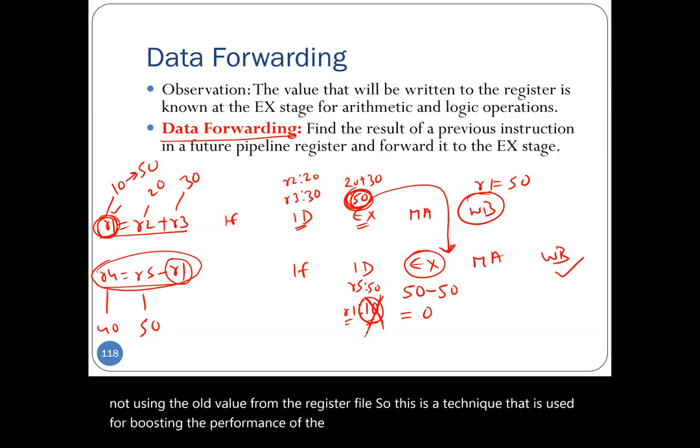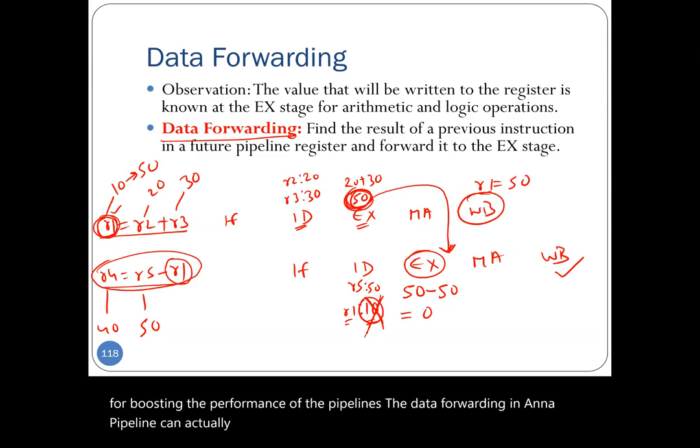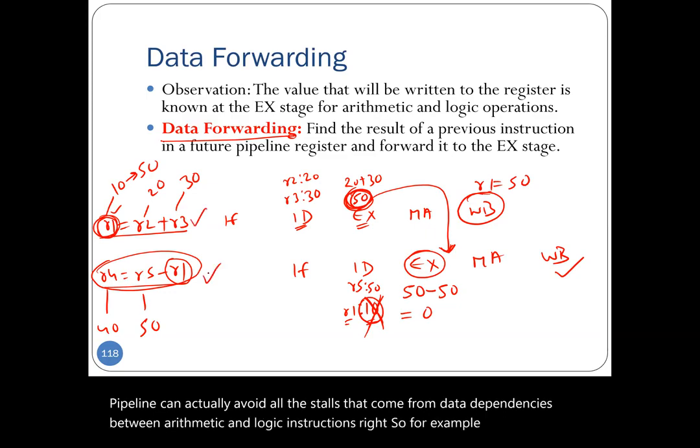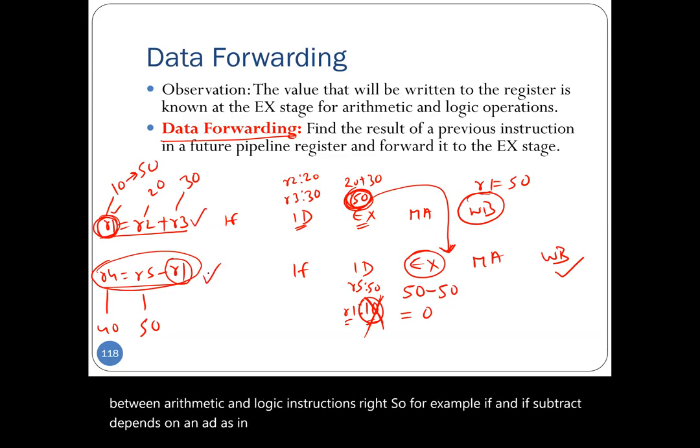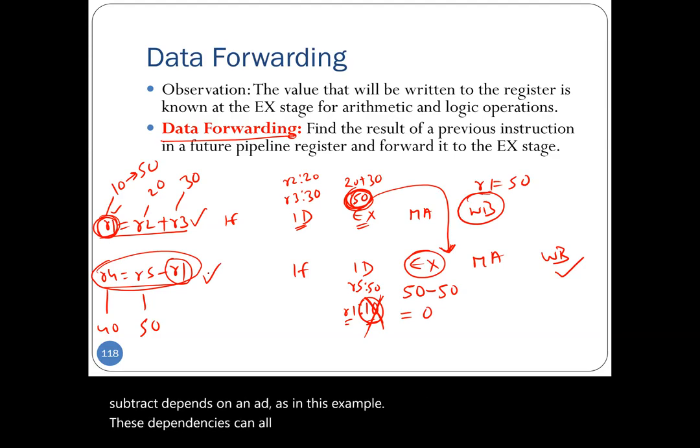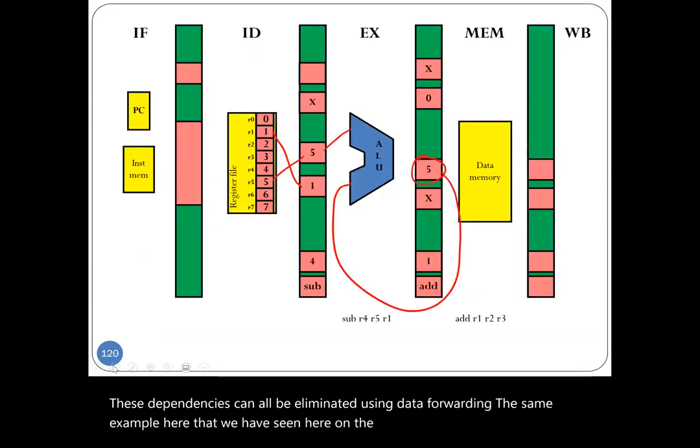The data forwarding in an ALU pipeline can actually avoid all the stalls that come from data dependencies between arithmetic and logic instructions, right? So for example, if a subtract depends on an add, as in this example, these dependencies can all be eliminated using data forwarding. The same example that you've seen on the slide is also illustrated on this animation.